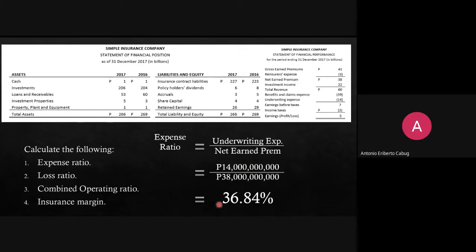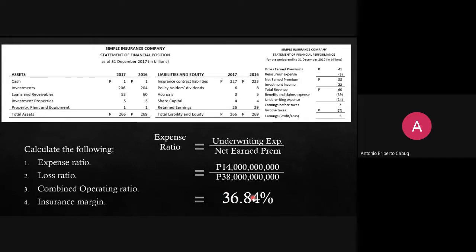What percentage of the net earned premium goes to the underwriting expense? Or it would be better to look at the trend. Every year the insurance company is operating, what percentage of the net earned premium goes to the underwriting expense? In this case, it's 36.84%.